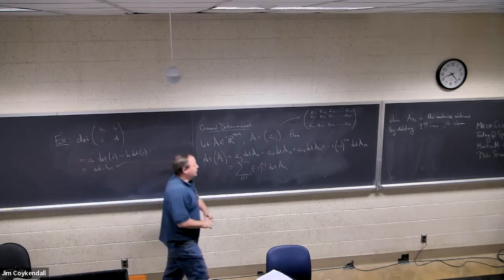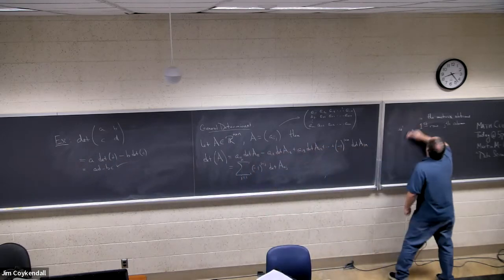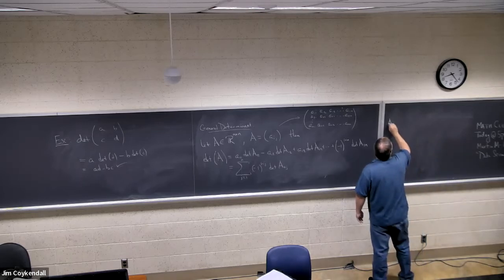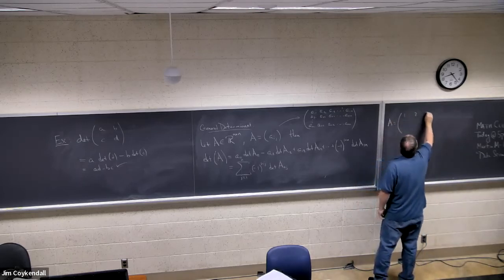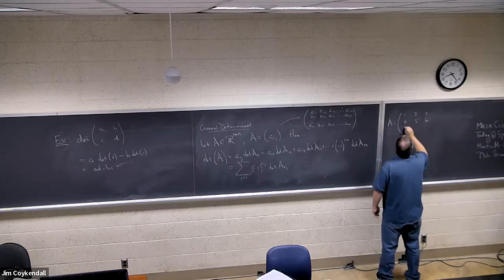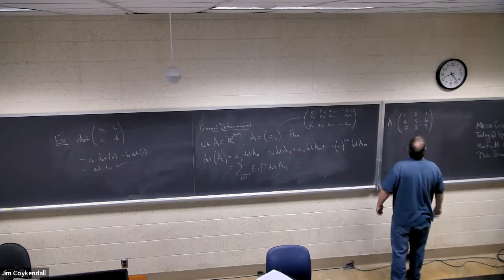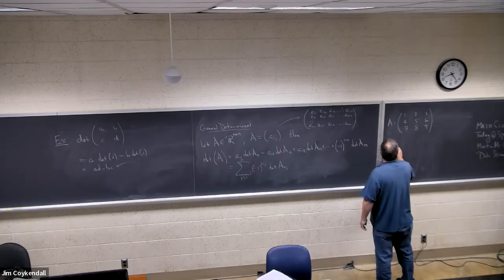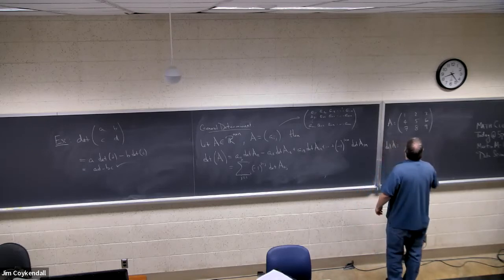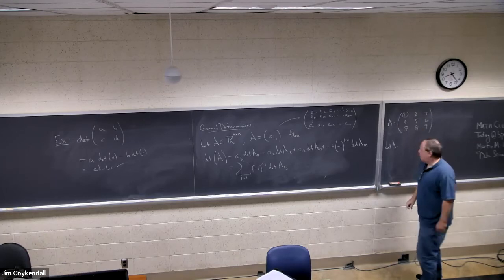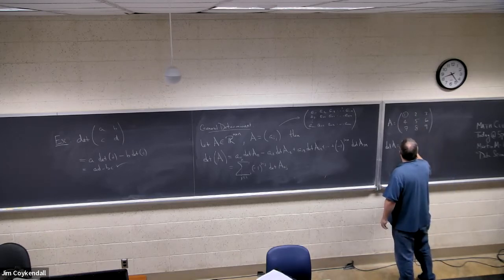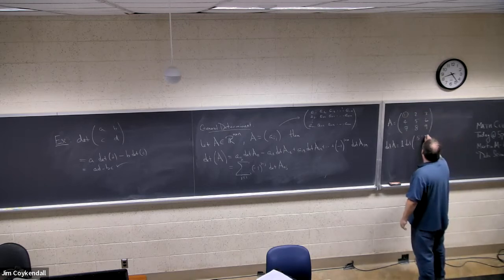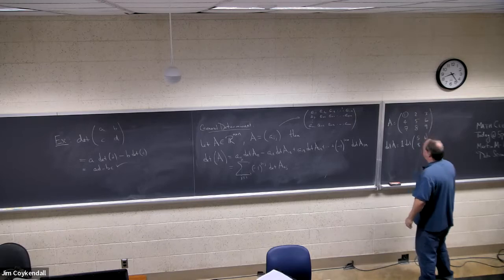Okay, let's up the voltage. What if we have something like this? We have a 3 by 3. Well, what this formula says is the determinant of A is equal to this entry times the determinant of what's left over when I nuke its row and column. So this should be 5, 6, 8, 9.